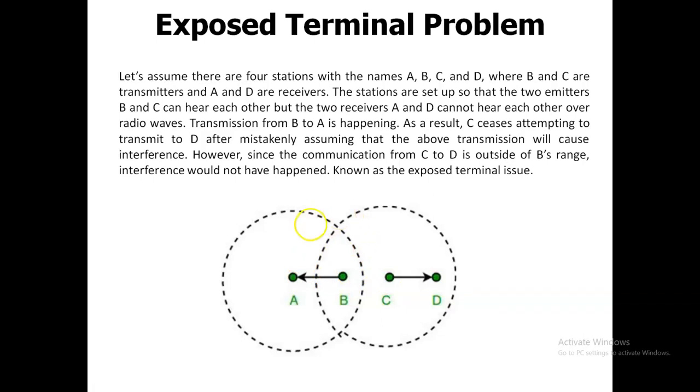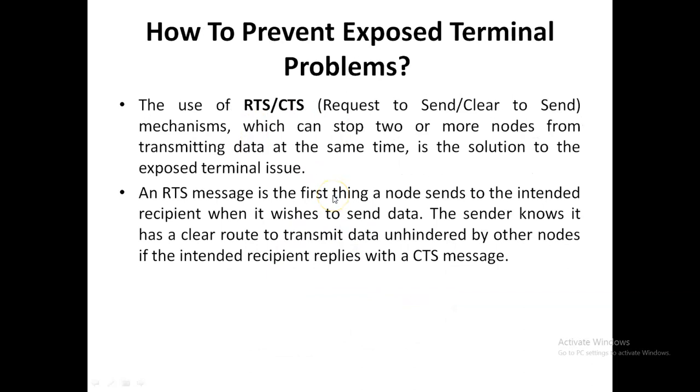So this problem is called the exposed terminal problem, and it can be prevented by using the RTS and CTS method. RTS is request to send and CTS is clear to send. When a node tries to communicate with another node, the sender node should send a request to send to the receiving node.